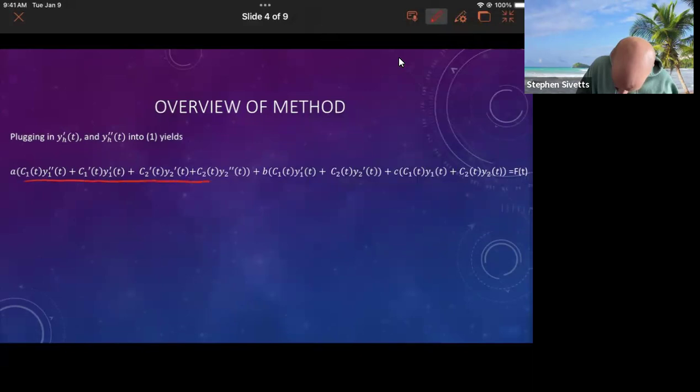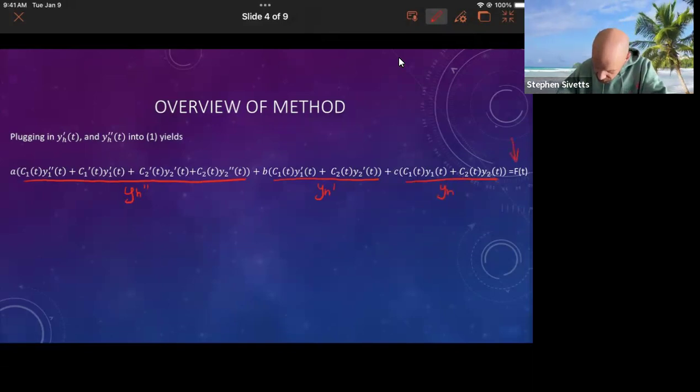This term right here, this is yh double prime. This term right here, that is yh prime. This term right here is yh of t, okay? And it equals capital F of t. I can't even fit it into the slide, but it equals the function capital F of t, right?